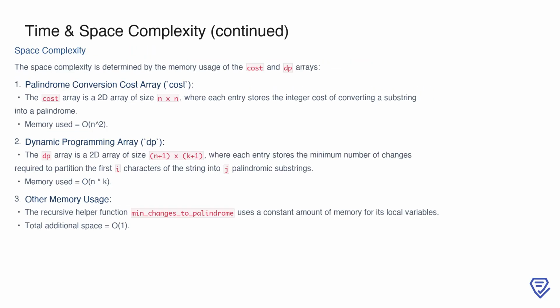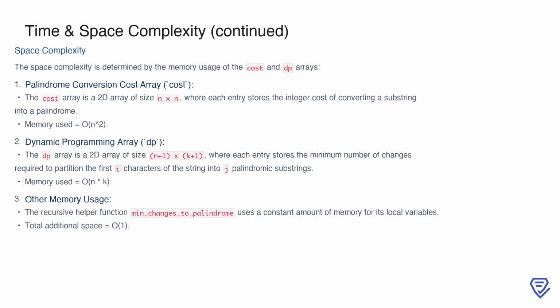Now, let's analyze the space complexity. The cost array, which stores the palindrome conversion costs, is a 2D array of size n×n. Since each entry stores the cost for a specific substring, the memory usage for this array is O(n squared). Similarly, the dp array, which is used in the dynamic programming step, is a 2D array of size (n+1) by (k+1). This means it requires O(n*k) space.